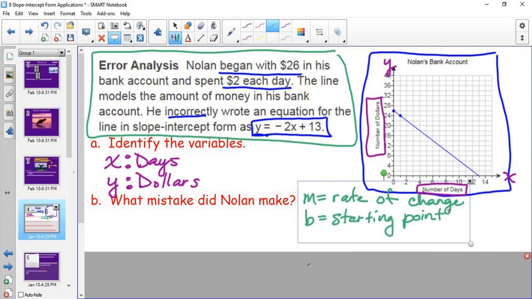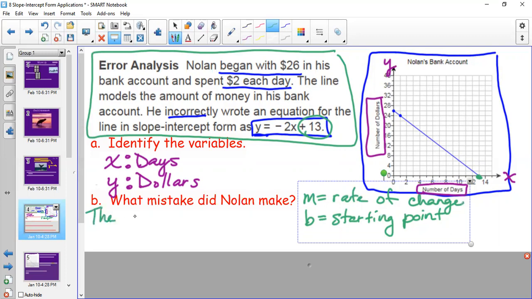In this case, how much money did he start with? Okay, so if I'm looking at his equation, it says he started with 13. Maybe they looked at the x-axis and saw 13, but that's the mistake right there. He should have started with 26, and that is the b, or the y-intercept.